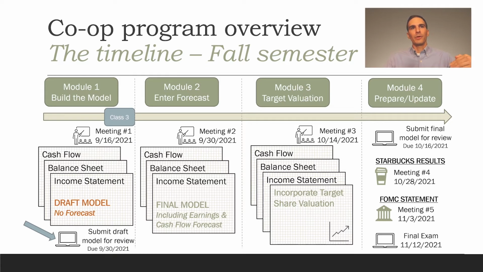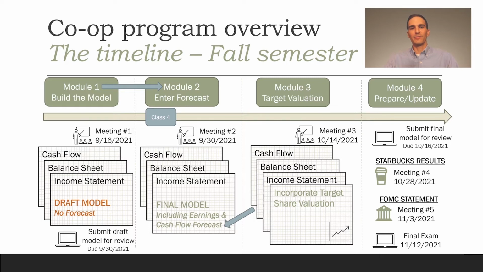Then while I'm reviewing your models, we'll move from Module 1 into Module 2, which is all about entering your forecast. So Module 2 is a one-class forecast module. And what you're going to do is put the primary inputs into your model.